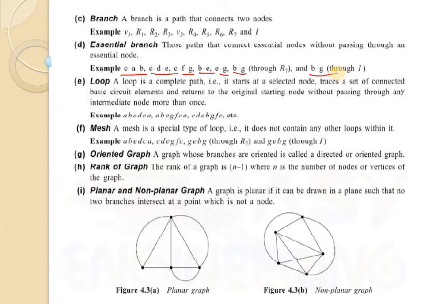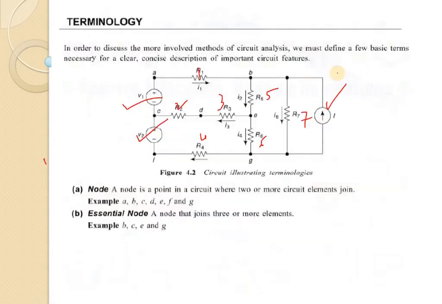Next one is mesh. A mesh is a special type of loop. It does not contain any other loops within it. So, as per the diagram, we also have some meshes, that is A, B, E, D, C, A or C, D, E, G, F, C or G, B, E, G. Like that, there are different meshes.